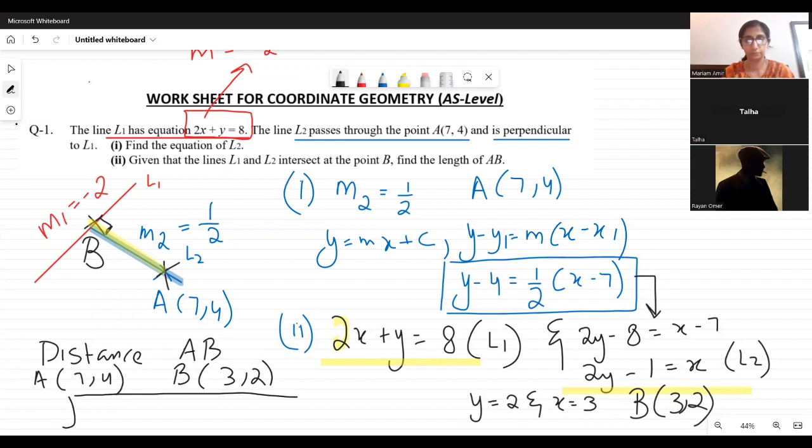Square root of (2 minus 4) whole squared, plus (3 minus 7) whole squared. Good: (y2 minus y1) squared plus (x2 minus x1) squared. And what does this get us? 2 squared plus 4 squared, which is 2 square root of 5.